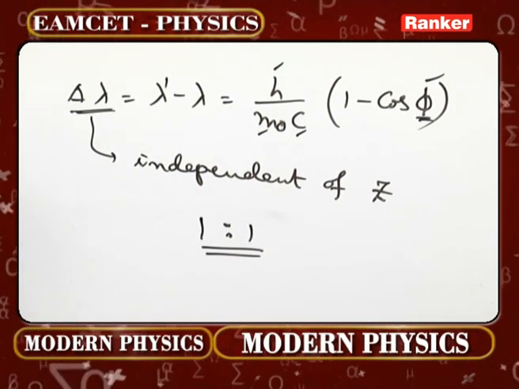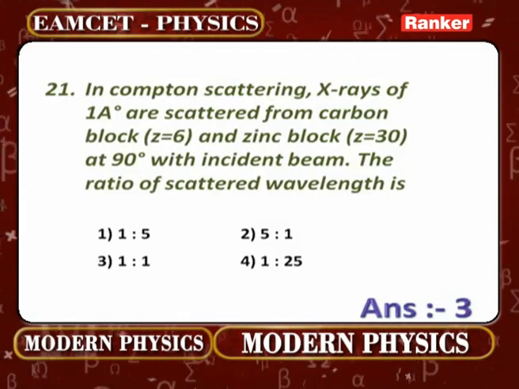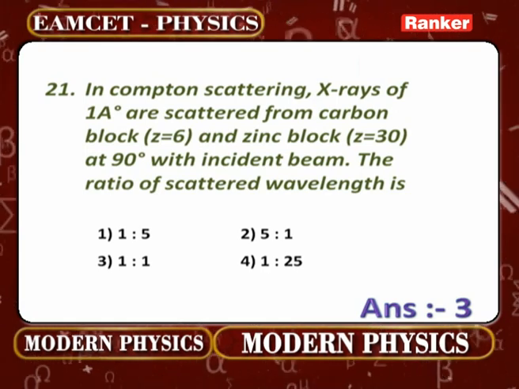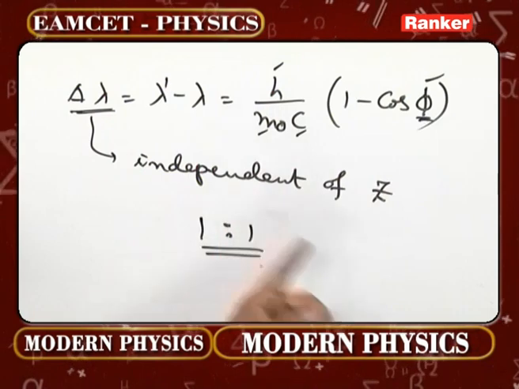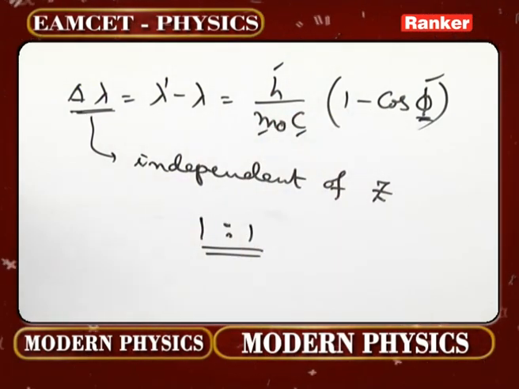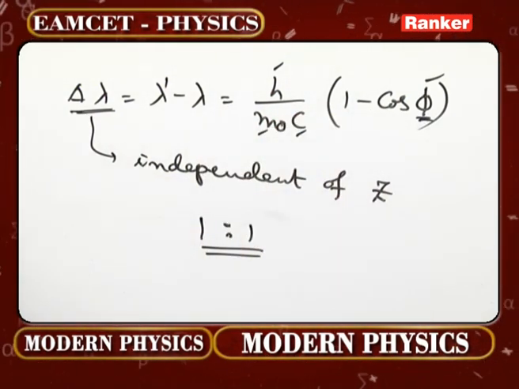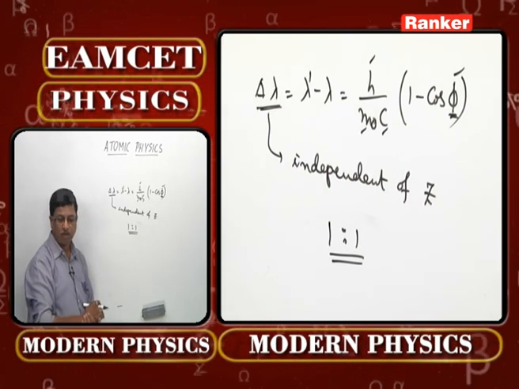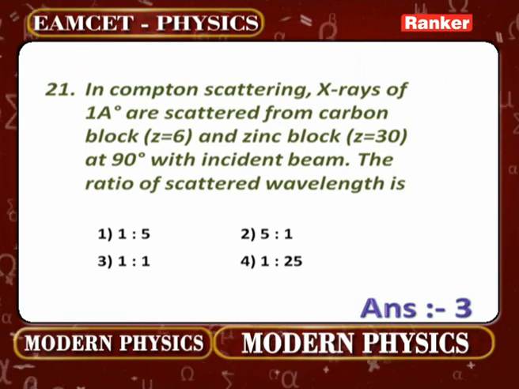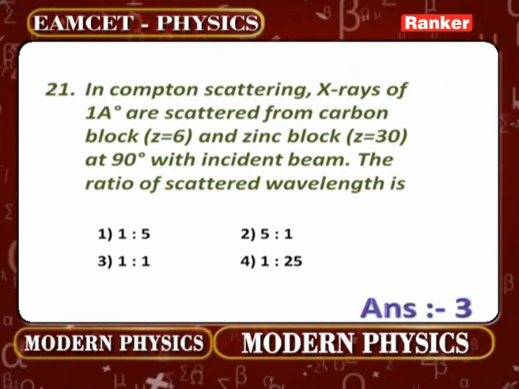So what is the question he has asked? The ratio of scattered wavelengths will be how much? 1:1, because delta lambda does not depend on Z, it depends on phi only. In both cases, phi is given as 90 degrees. Remember that part. So which is the correct option for us? The third option, which is 1:1, must be the correct one.